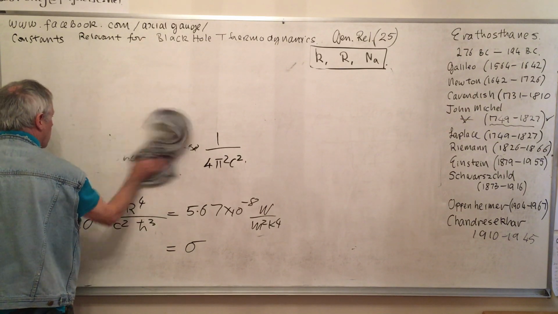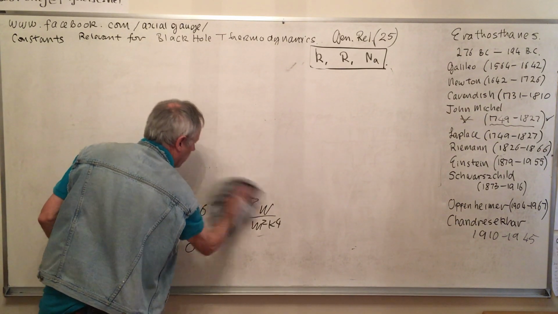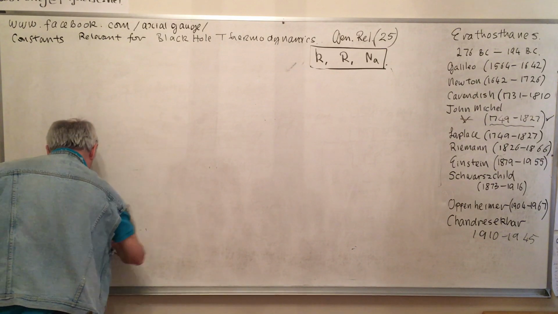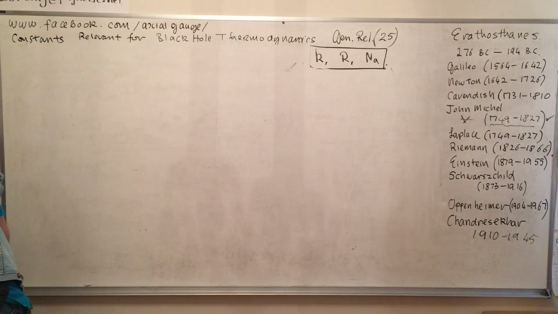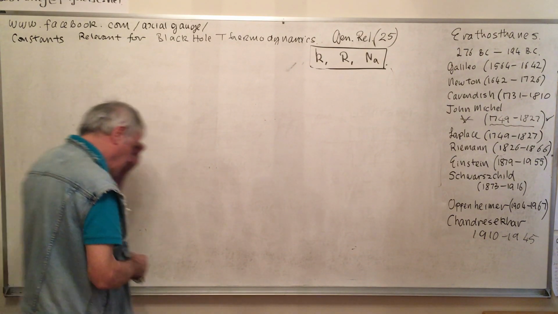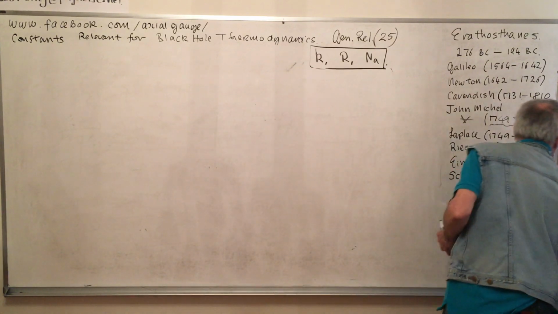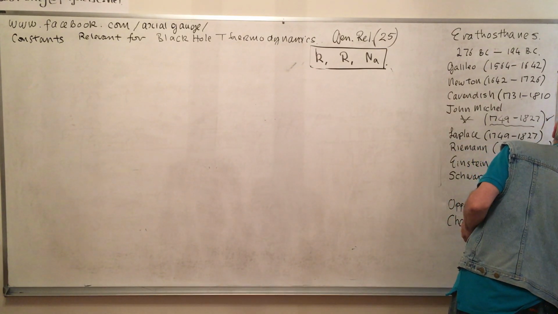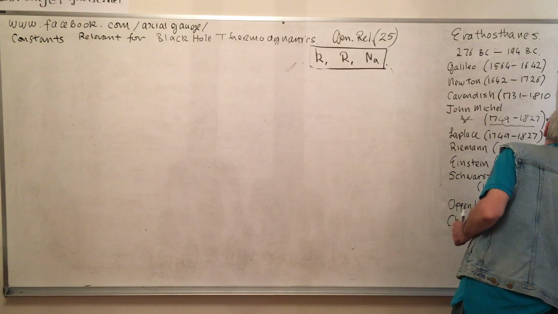Let's look at Boltzmann's constant. .38 anyway, by 10 to the power minus 23 joules per Kelvin.